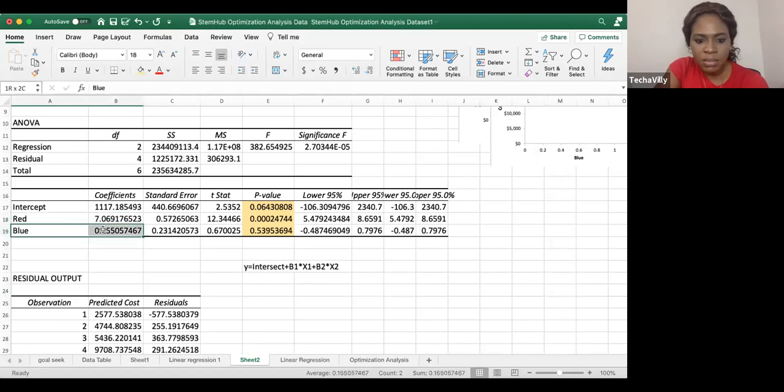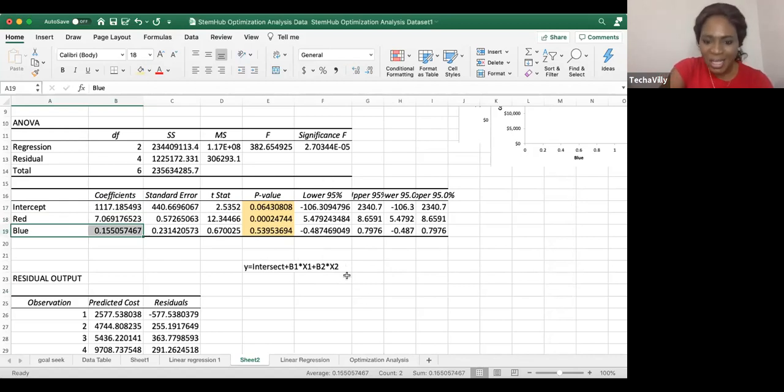The red bike is the B1. The blue bike is the B2. The X1 is the first amount, the 3,000 bikes, and the X2 is the 10,000 from the example. In the example it says, how much does it cost to produce 3,000 red bikes and 10,000 blue bikes?